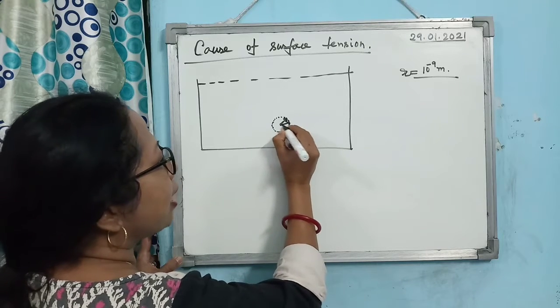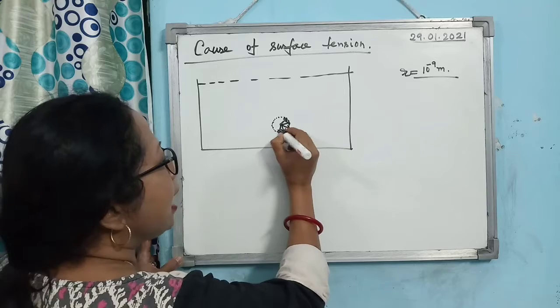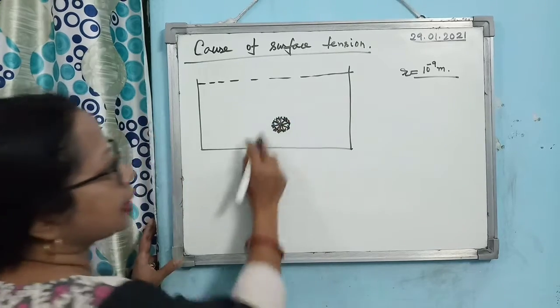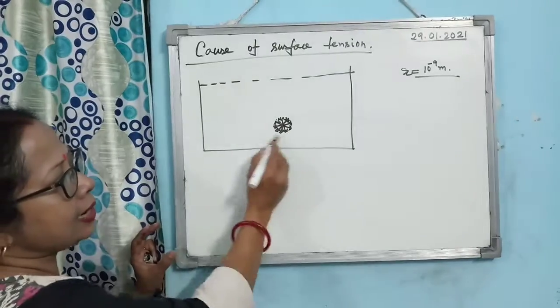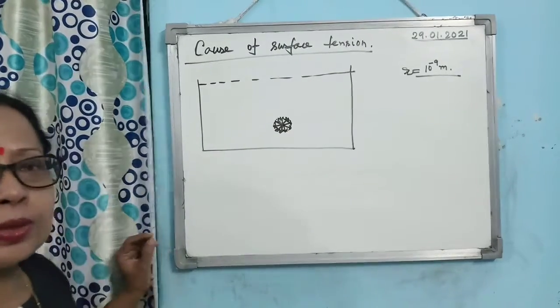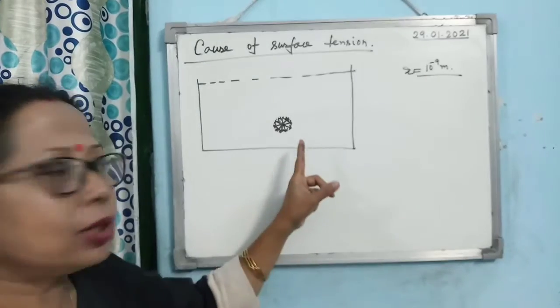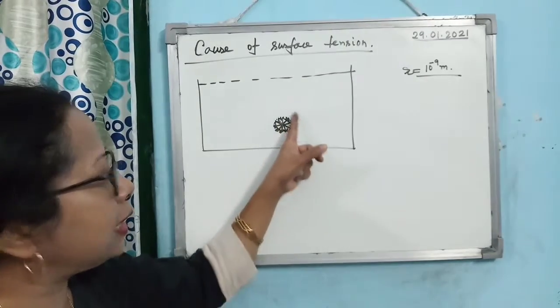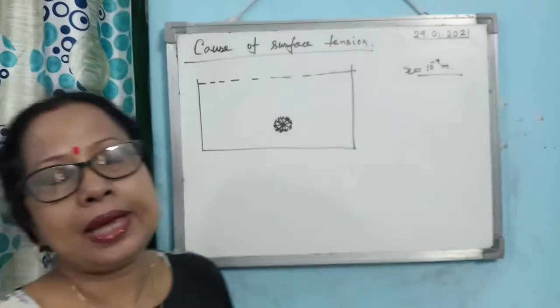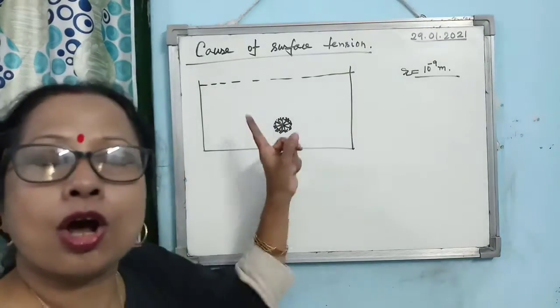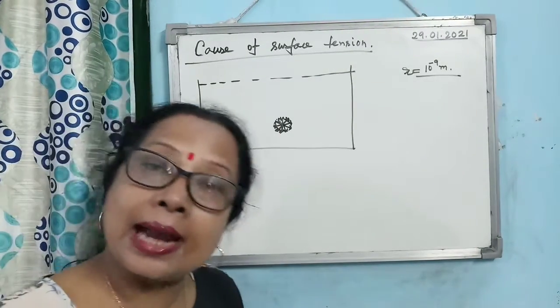They are attracting the molecule at the center of this sphere in all directions. So what is the resultant intermolecular force acting on the molecule at the center of this sphere? That will be 0.